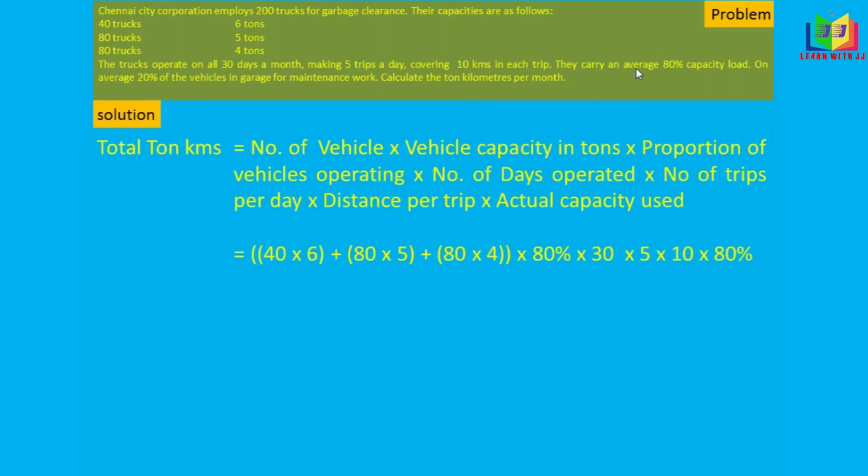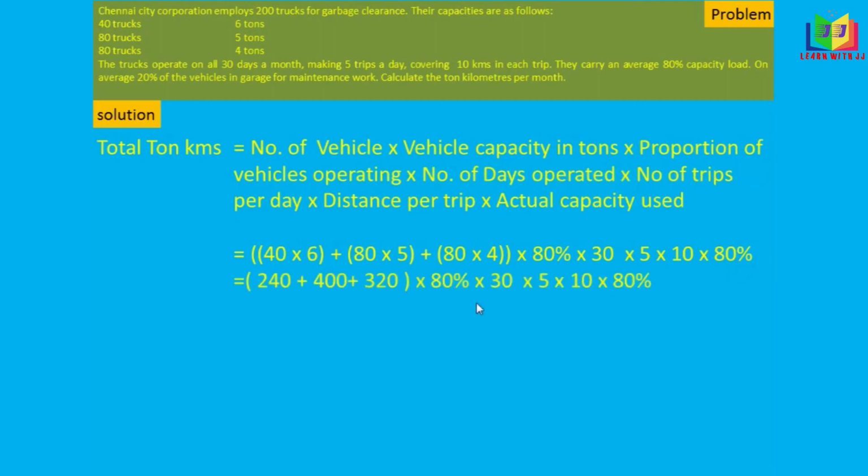They carry an average of 80% load. If we solve this, first solving the bracket and then multiplying, we get 9,21,600 ton kilometers.